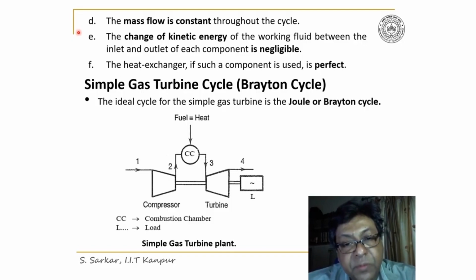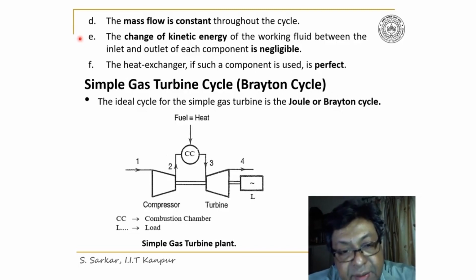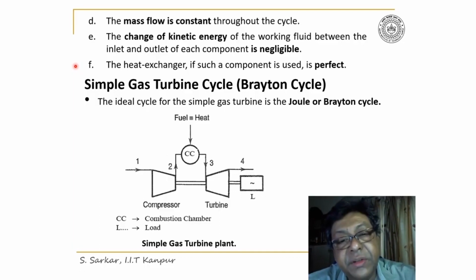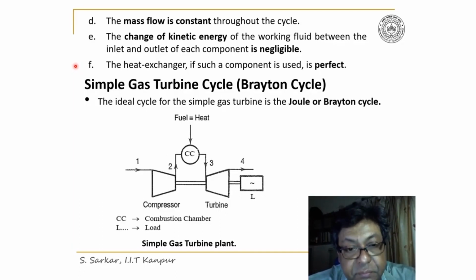The change of kinetic energy of the working fluid between the inlet and exit of each component is neglected. Further, if a heat exchanger is used, it is considered perfect. So these are the assumptions for an ideal cycle.